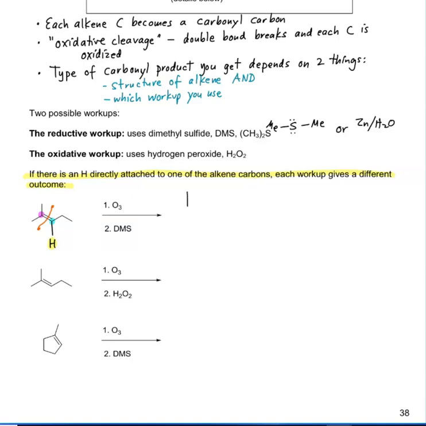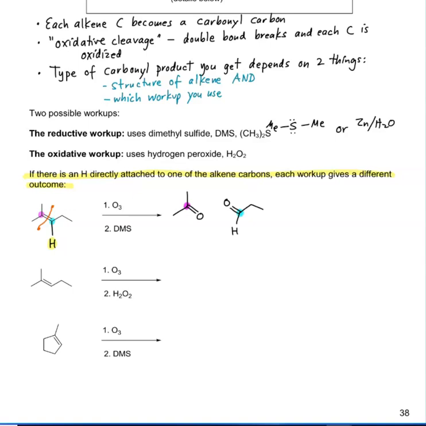So to draw the products, from the left side, we're going to have this. And from the right side, we're going to have this. So we get a ketone and an aldehyde.